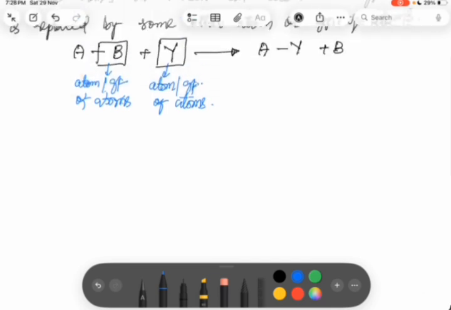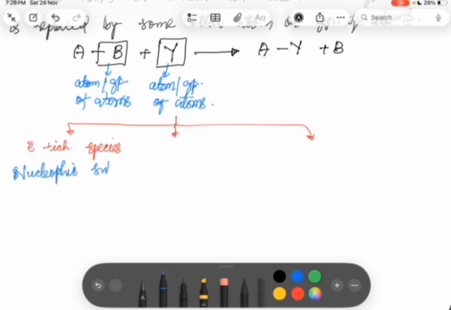Dear students, if this Y happens to be an electron-rich species, then in that case, this substitution reaction is termed as nucleophilic substitution reaction.